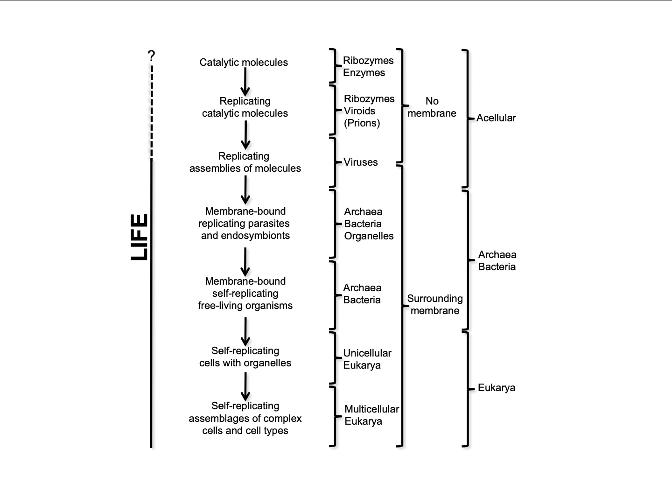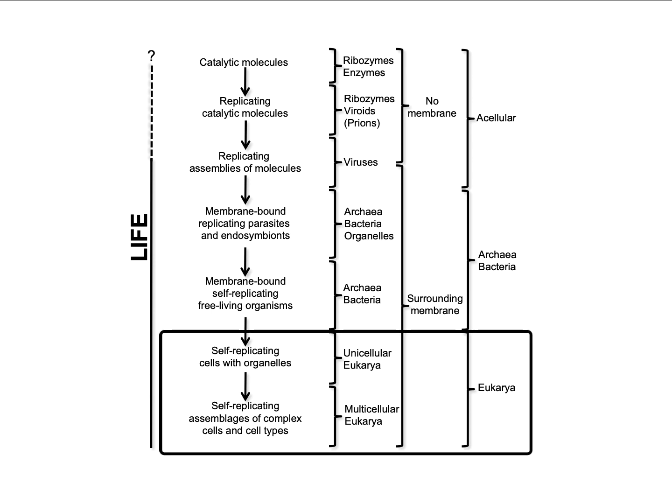So here I need to introduce the concept of what is life and what isn't life. So it's clear out here we have eukaryotes, which are unicellular and multicellular. They have self-replicating cells with organelles, and multicellular organisms have assembled different types of cells.